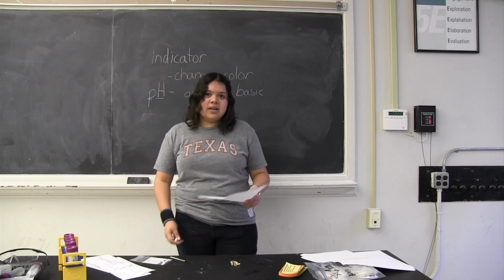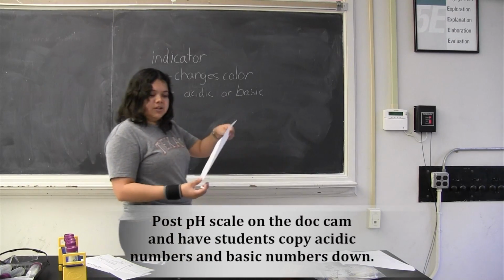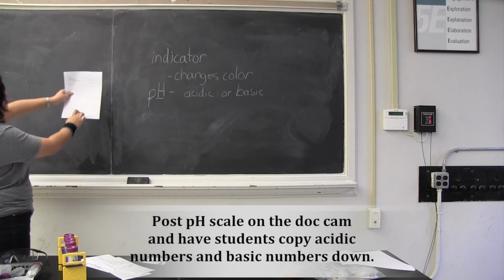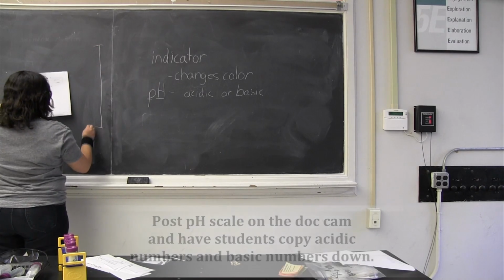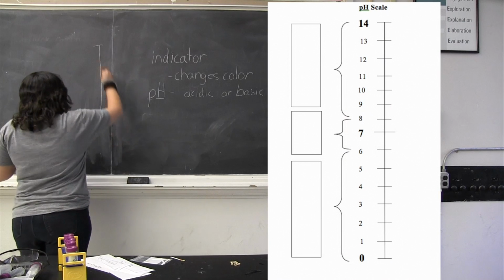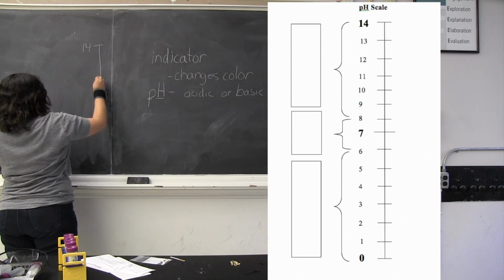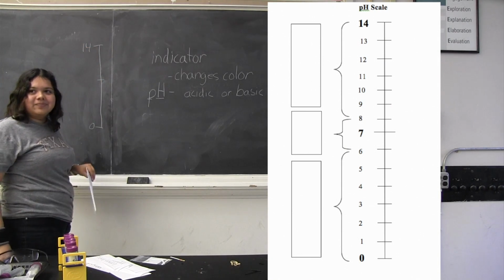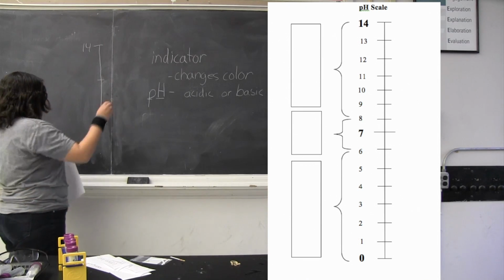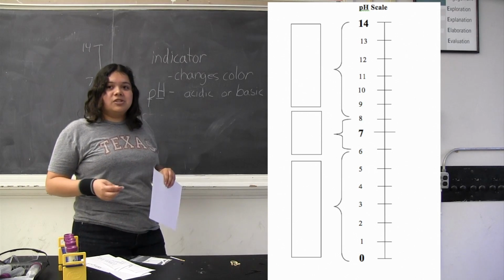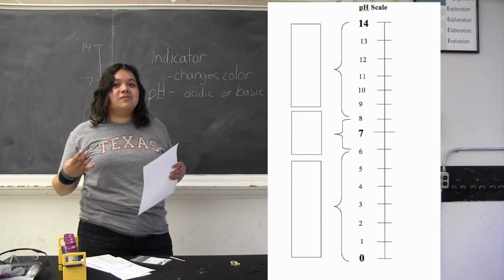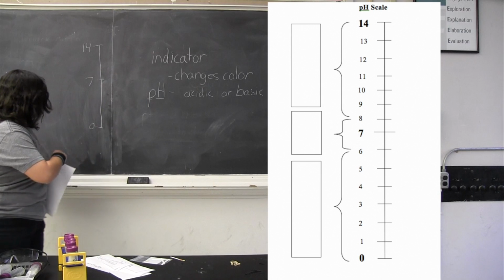Now, looking at your worksheet, what is at the bottom of the pH scale? 0. Correct. And what's at the top? 14. What about the middle? What's exactly in the middle? 7. Correct. Now, acidic solutions are said to have pH values between 0 and 6.